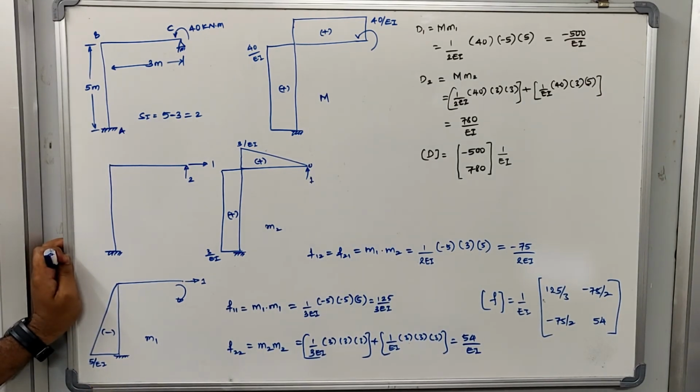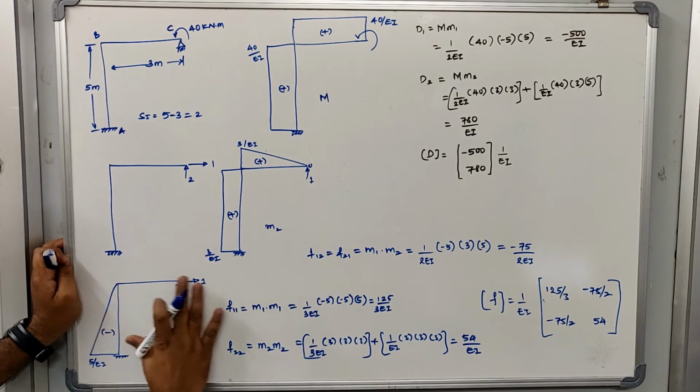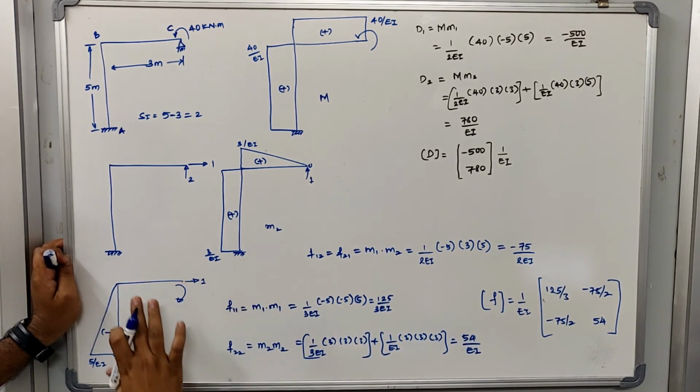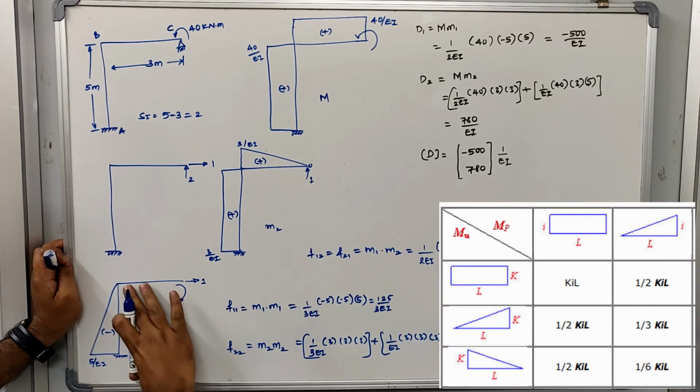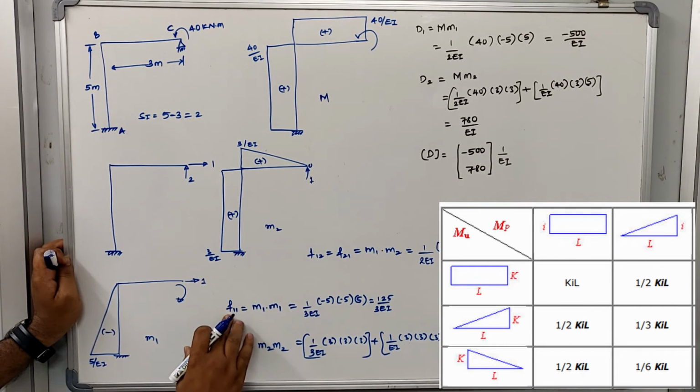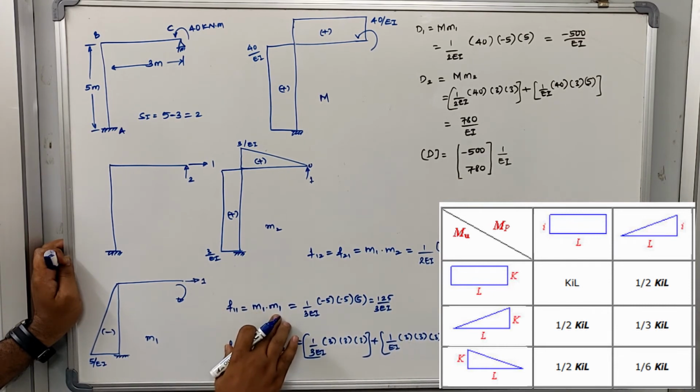F11 is the translation which is going to take place in horizontal direction because of application of unit load in the horizontal direction itself. If this frame is applied by a unit force in the horizontal direction, how much translation has taken place in the horizontal direction, that is what I want to define. So F11 is equal to M1 multiplied by M1.